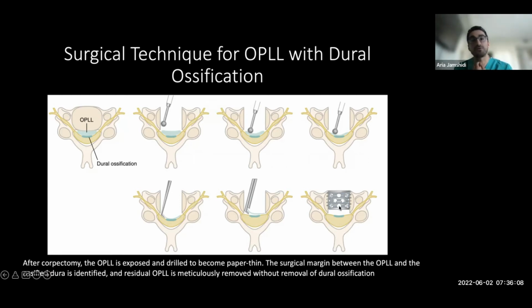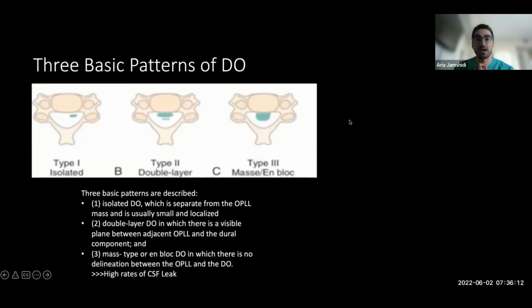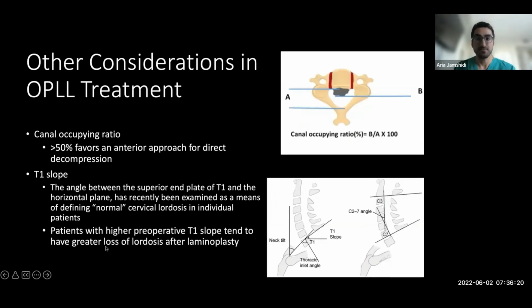Some, however, have argued that if a patient does have a dural ossification, specifically this type 3, it may be better to go posteriorly just to avoid the high rates of CSF leak that are associated with it.